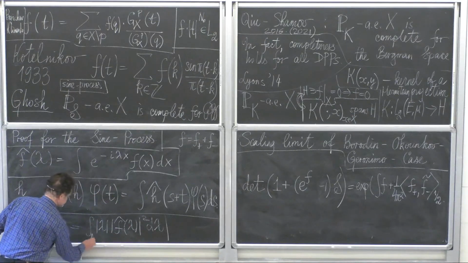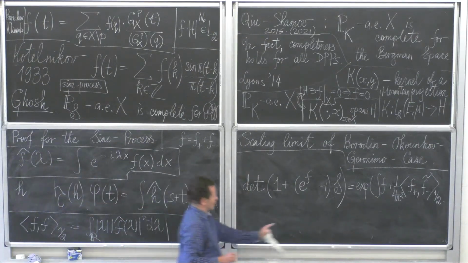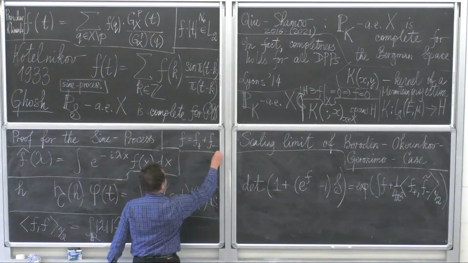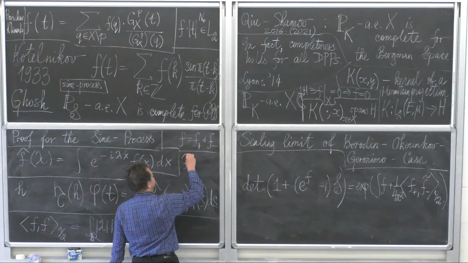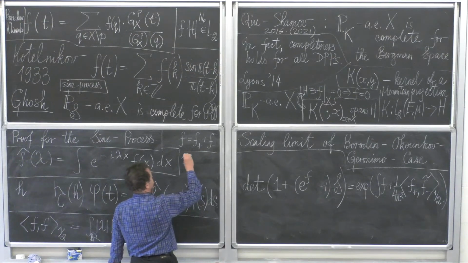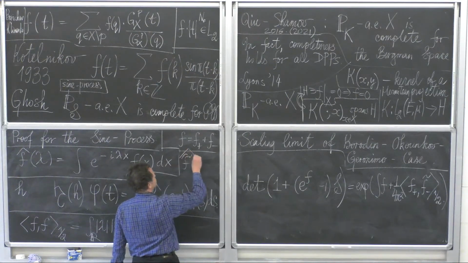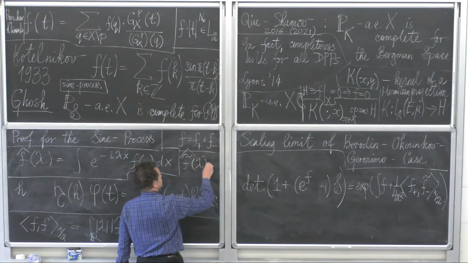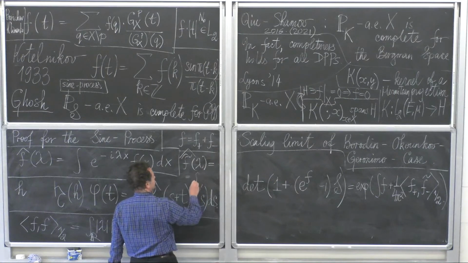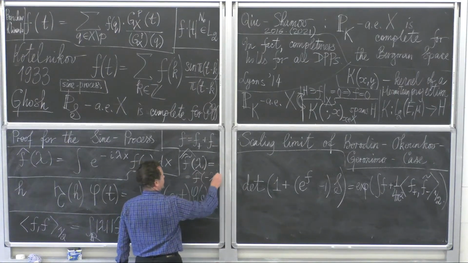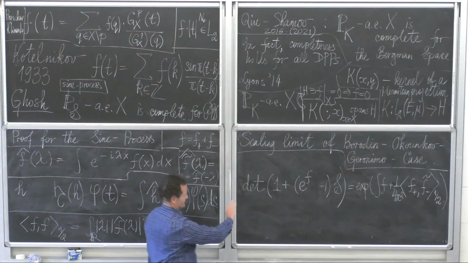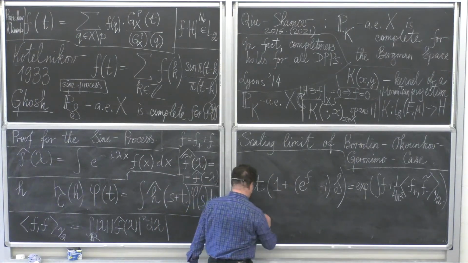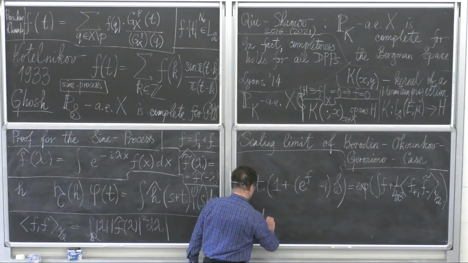And f tilde, following the standard conventions, means just swapping the Fourier transform. Then there is precisely the correction term of Borodin-Okounkov-Geronimo-Case.